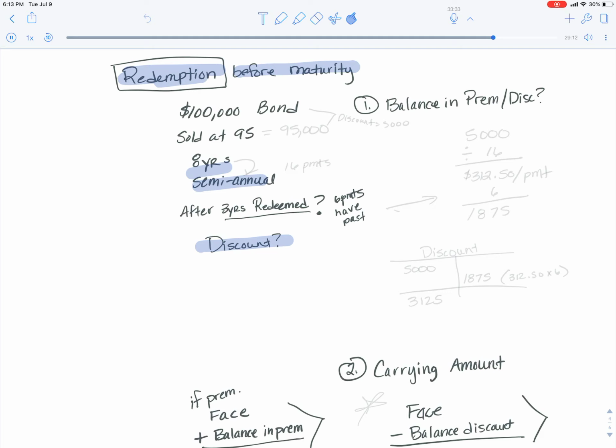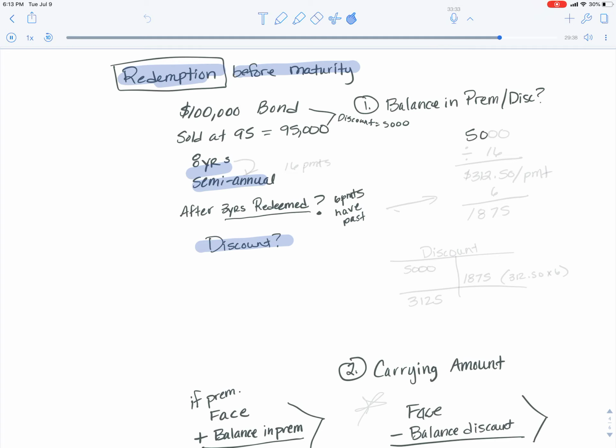So the first thing that we need to do is figure out what's the balance in our discount account. So that's the first step. Well, we have a bond sold at $95,000, so that's 0.95 times 100,000. That's how much proceeds we got, 95. So the difference between these two things is our discount of $5,000.